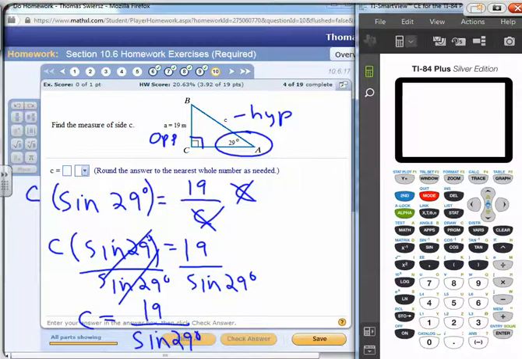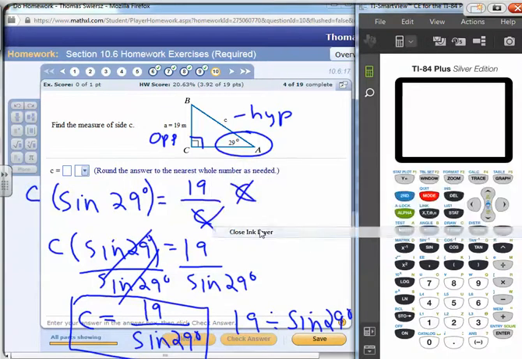So you've got a couple of algebra steps there in order to solve for C, and you end up with 19 in the numerator. So that's going to be 19 divided by the sine of 29 degrees. That's how we'll put it in the calculator. So we'll go ahead and do that now on our calculator.